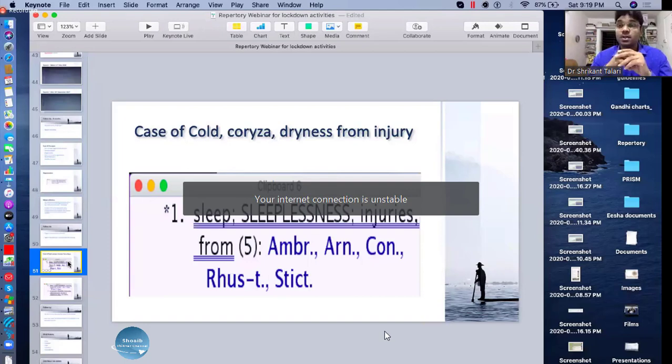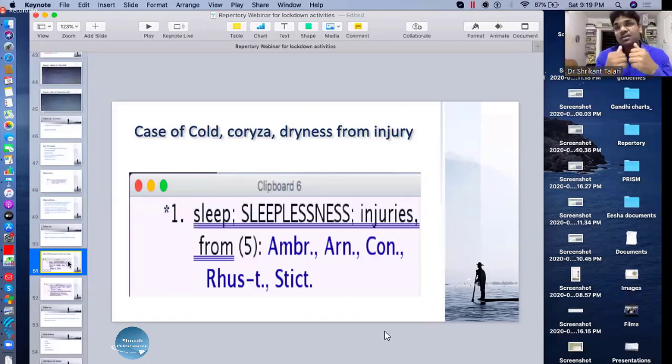If we take these three symptoms separately, then it will be a clinical repertory, and we will not stop there. We will have lots of remedies. What we have to do in such scenarios is connect sleeplessness after injuries, or dry coryza with sleeplessness, or head injury with coryza.